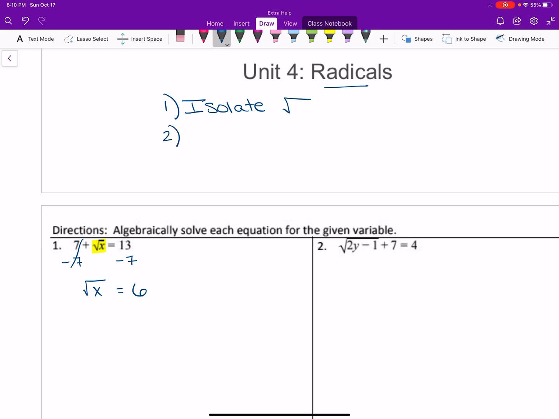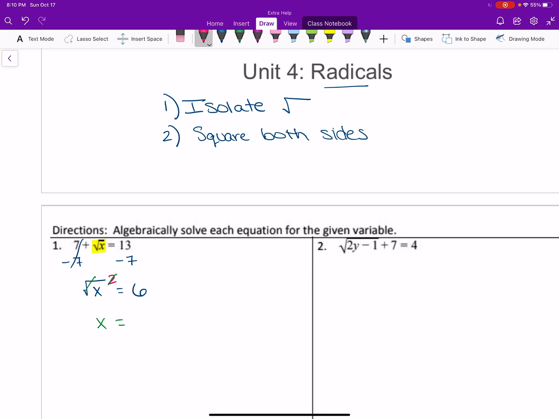Once the radical is isolated, you then want to get rid of it. So the opposite of the square root is to square. So your next goal is going to be to square both sides. I'm squaring the left here so that my squared and square root can cancel and the x comes out.